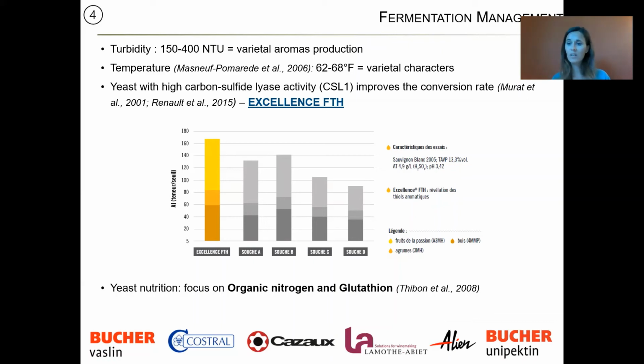So organic nitrogen and glutathione are important in terms of yeast nutrition. And yeast rehydration is an essential step for aromatic production in general, because you allow the yeast to be stronger, more resistant, less stressed, and so have an optimized metabolism and produce more aromas.